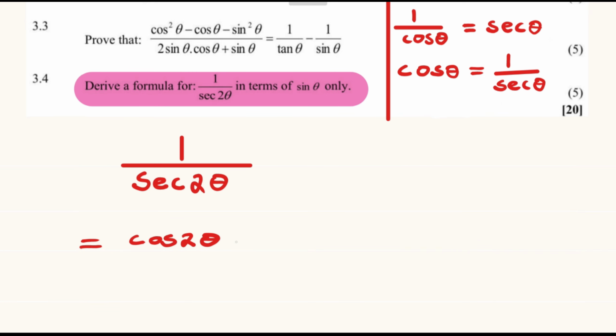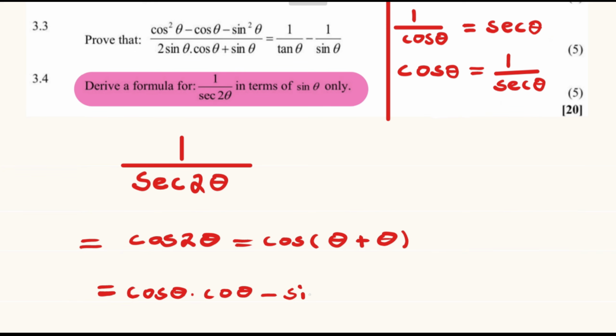And we have a trigonometric identity at the formula sheet which states that if we have the cos, so they broke down the 2 theta as theta plus theta. So cos theta plus theta will be equal, according to the formula sheet, this will be equal cos theta multiplied by cos theta minus sin theta multiplied by sin theta.